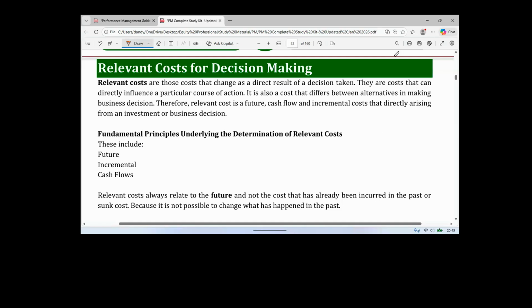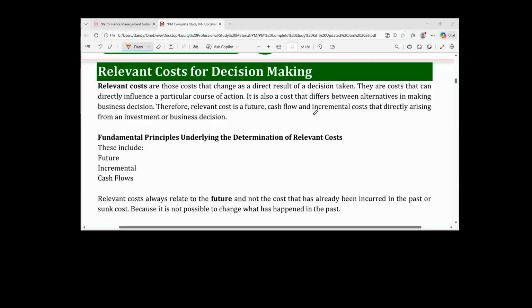Okay? So what do you understand by relevant costing? Like I was saying, not all costs are relevant, and you must be able to identify which among all the costs given to you in a question are relevant.